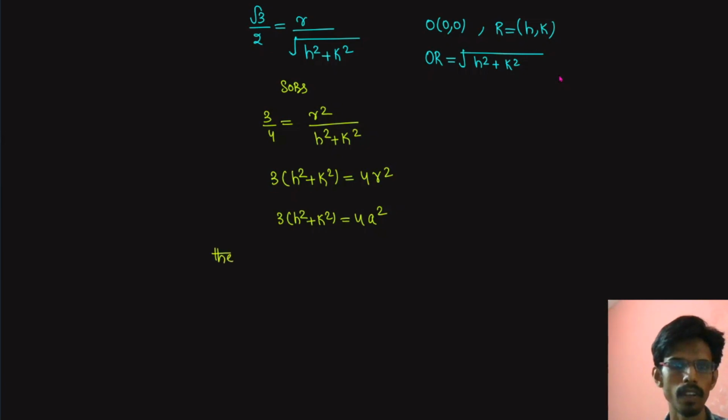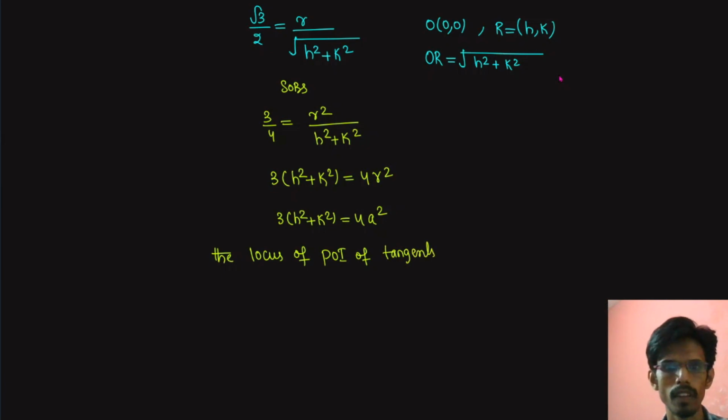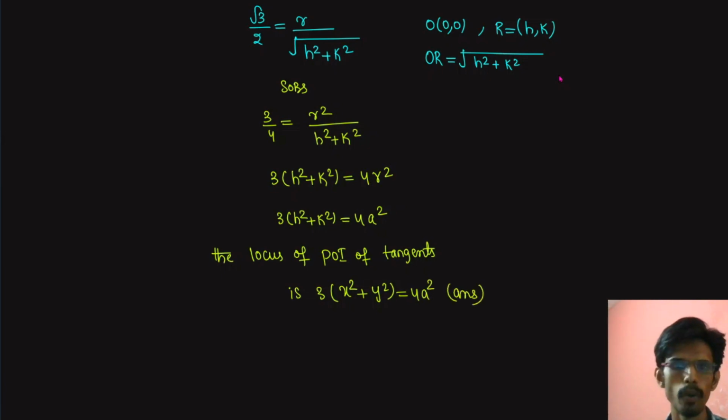Therefore, replacing h with x and k with y, the locus of the point of intersection of tangents is 3 into x square plus y square equal to 4a square.